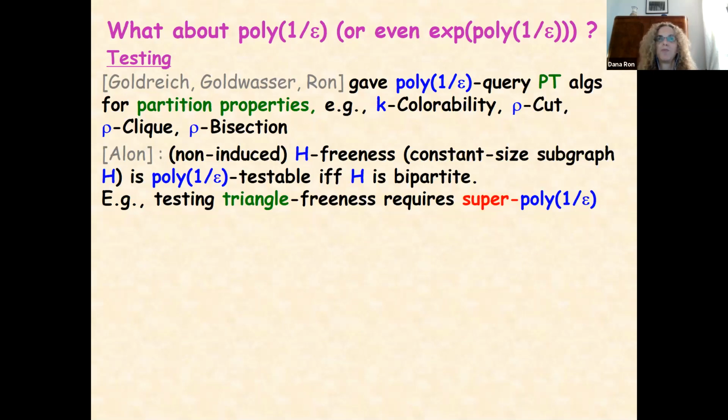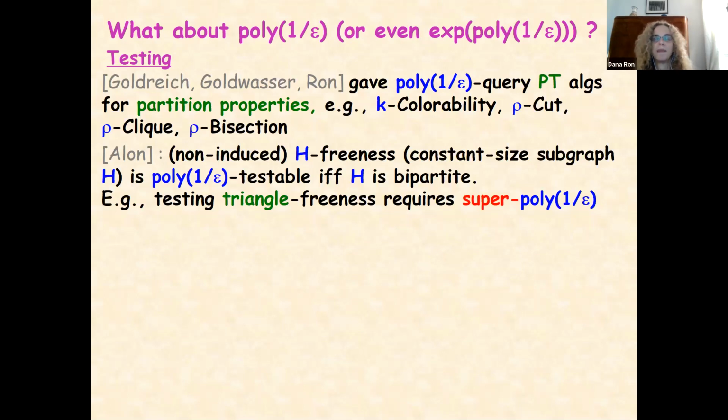What's the big deal being triangle free? You really must have super polynomial. On the other hand, if you have even a small bipartite graph, a C4, then it is poly 1 over epsilon. So these things show you it's not really clear what's easy, what's hard.